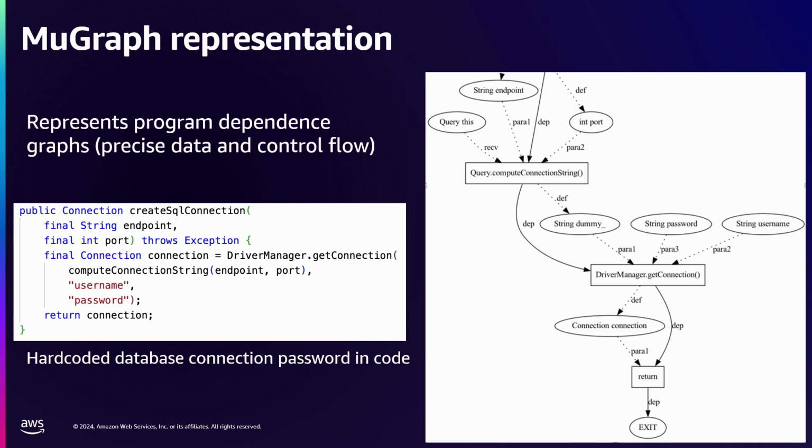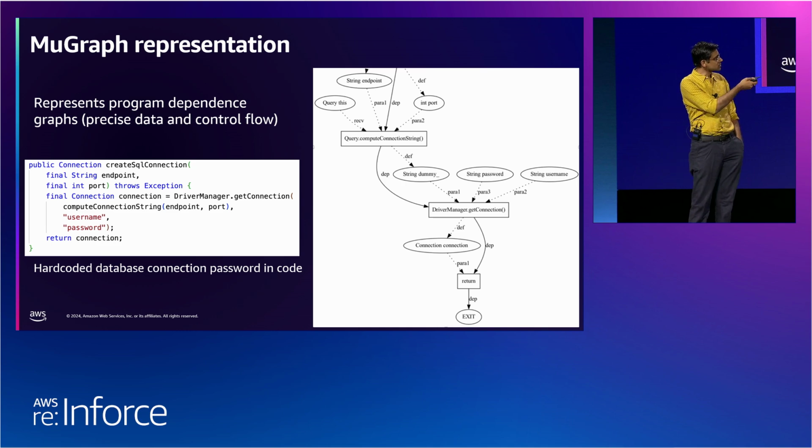For instance, the get connection node that is present in that graph corresponds to the get connection API defined in the code. Then there is a return statement at the end of the graph in the bottom right. It corresponds to the return statement in the code. And similarly, there are nodes that correspond to data objects. So you have a node that corresponds to the password, and one for the username.